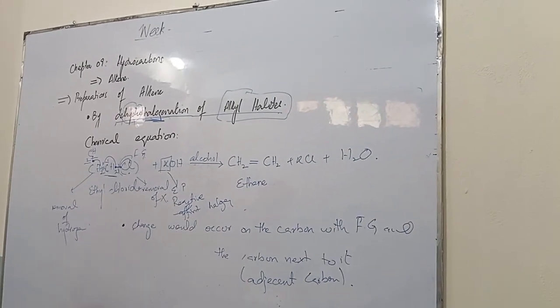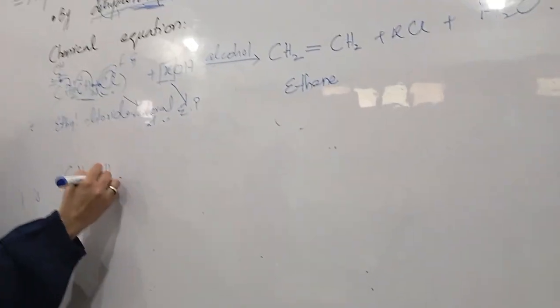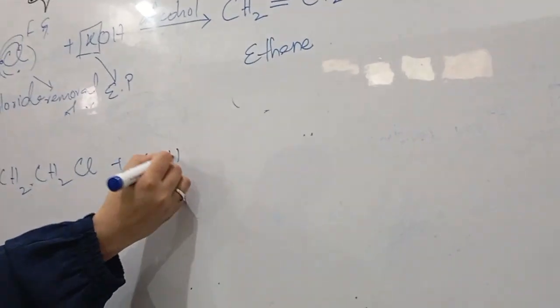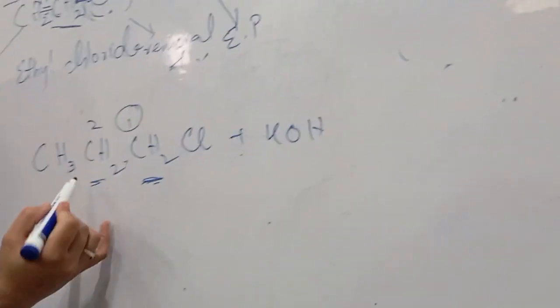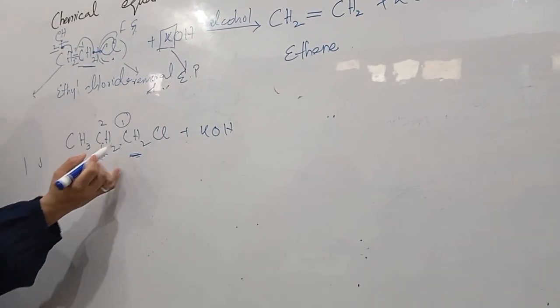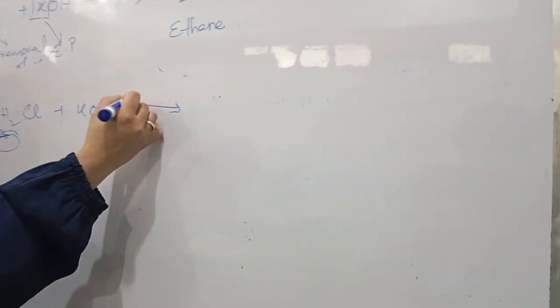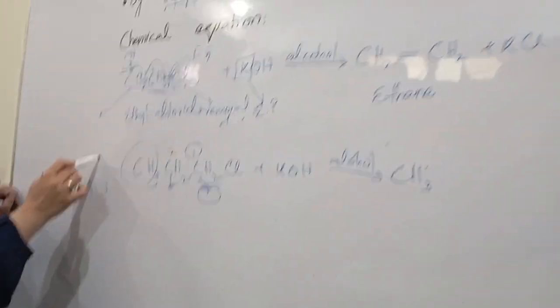Let's take some other examples for the same chemical reaction. I'm using a 3-carbon alkyl halide here, which is carbons 1, 2 and 3. The change would occur only on carbon number 1 and 2. As the name is propyl chloride, carbon number 1, having the chlorine, would remove its functional group, and from carbon number 2 we will remove the hydrogen.